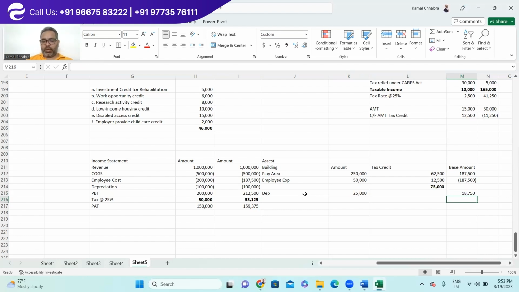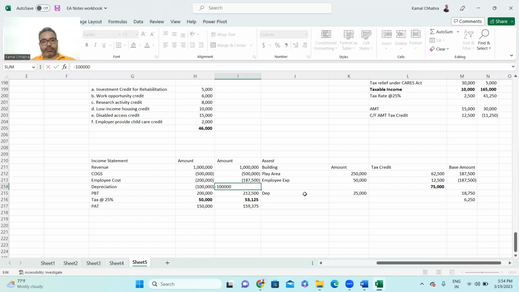Right? Are you getting my point? How I have done this math? So let's assume the depreciation of this $100,000 includes $25,000 of depreciation from the play area, whereas it should be 18,750.